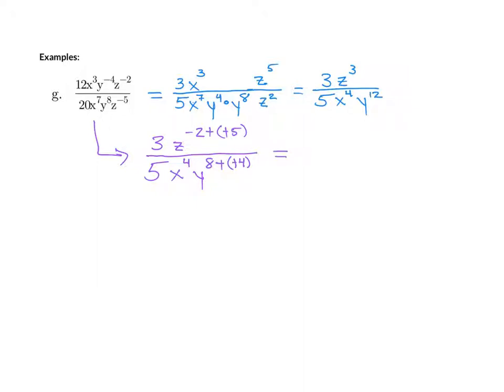And so now if you do these computations in your head, that's fine too. We get 3z cubed over 5x to the 4th y to the 12th. And we're done with this one.